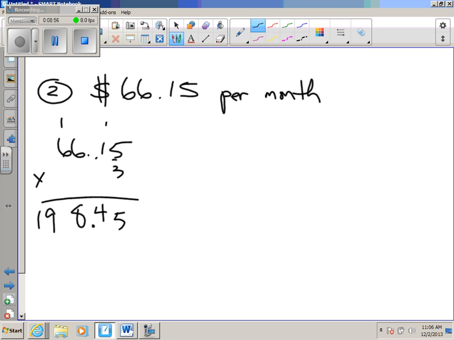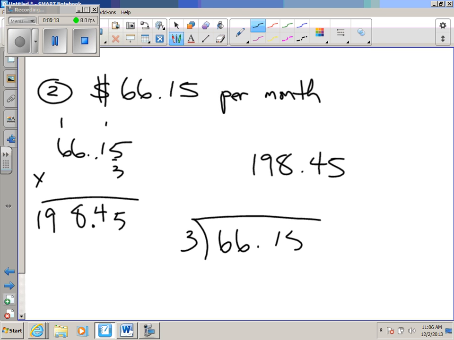So if I know that, that's what they would be paying in total. And we know that they would each pay $66.15. How much are each of them saving? Well, let's divide this $66.15 by 3. Let's see what they're paying right now.